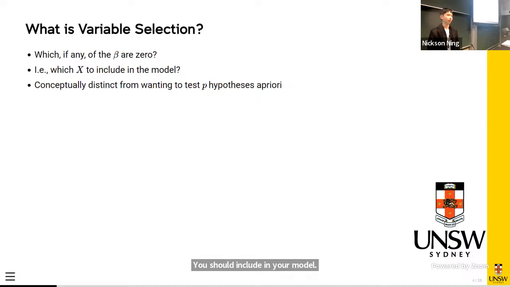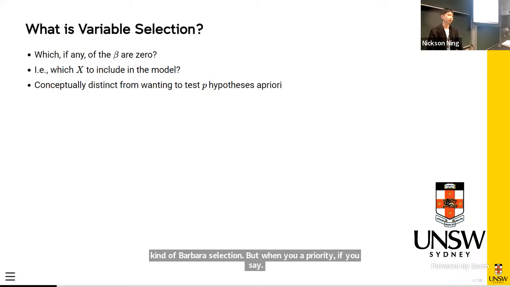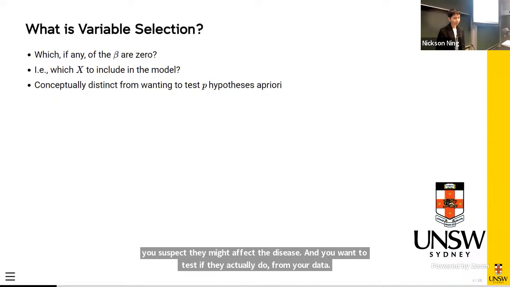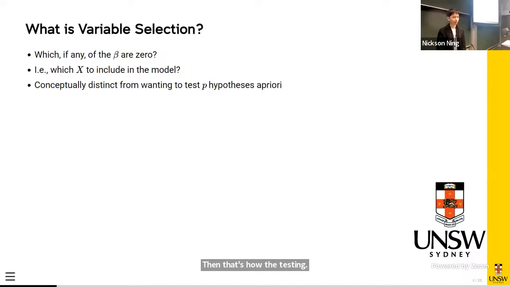But suppose you do a bunch of different treatments to see if they have some effect on some disease, and you a priori suspect they probably affect the disease, and you want to test from your data if they actually do, then that's hypothesis testing. It can be subtle sometimes, but that's a conceptual difference there. I do see confusion between those things sometimes.